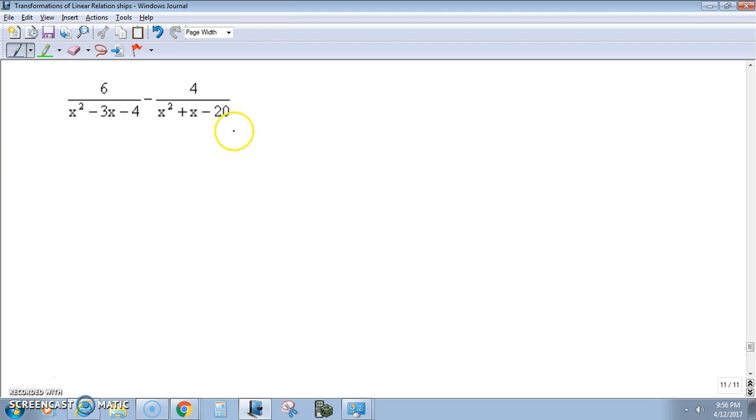Well, here's the thing. The first thing you want to do is factor the denominators to see what we actually have in common, okay? So let's go ahead and do that. This first one, so this is going to be equal to, we leave 6 over, and if I factor that, let's see, two numbers that add up to be -3 and multiply together to be -4, that's going to be x minus 4 and x plus 1.